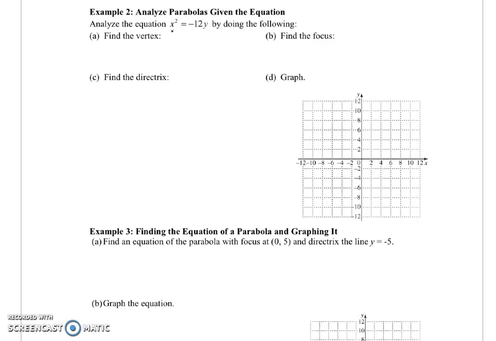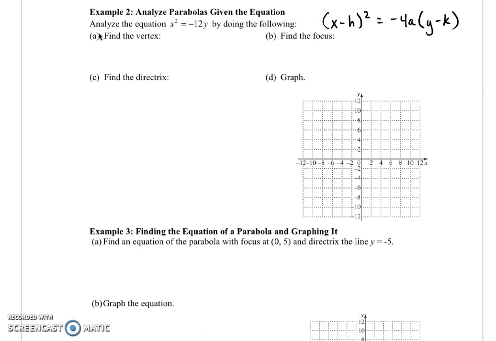So we're going to analyze the parabola x squared equals negative 12y. First, we need to find the vertex. Since the x is on the left side and squared, it looks like our general equation is given by x minus h squared equals negative 4a times y minus k.